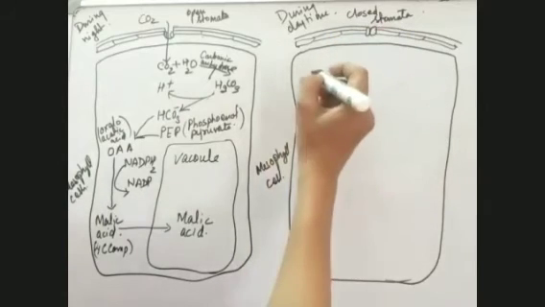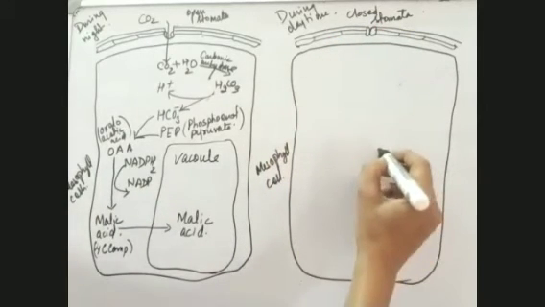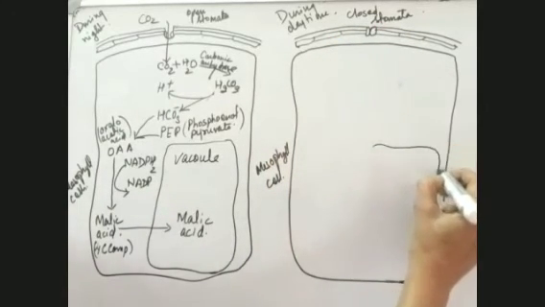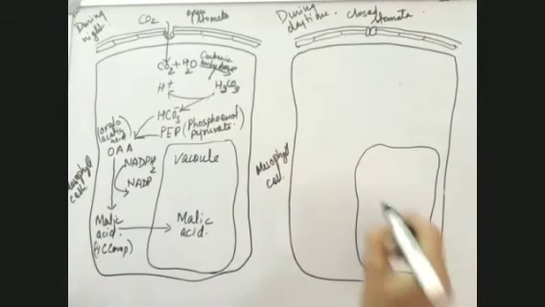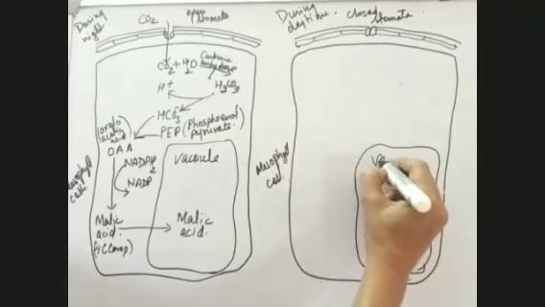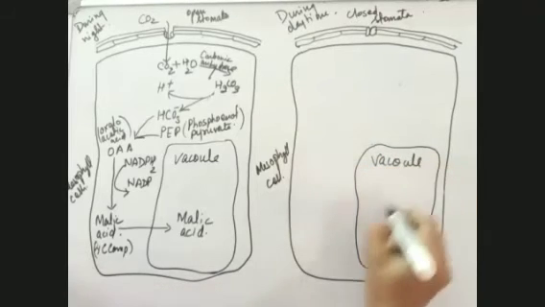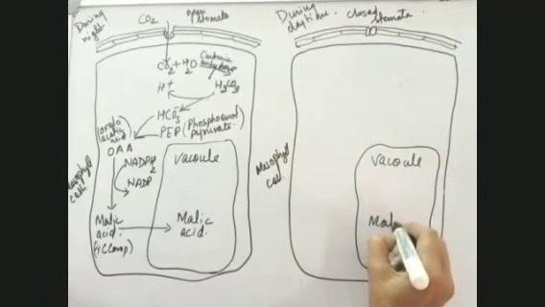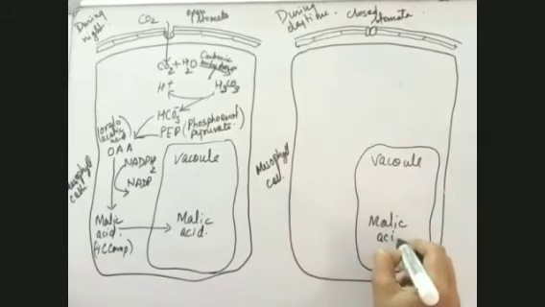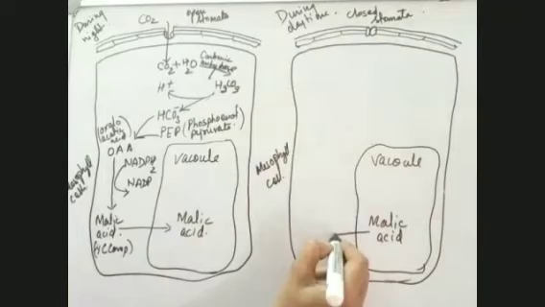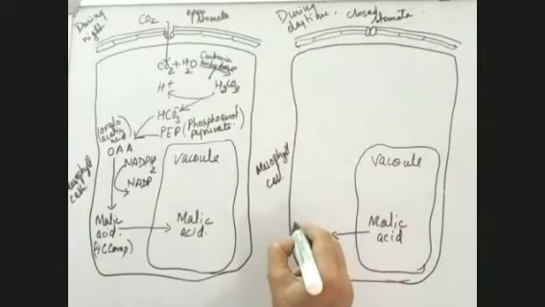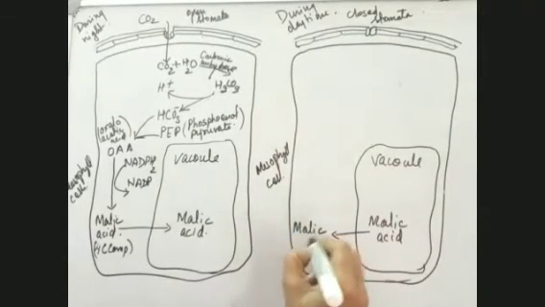During the daytime when the stomata are closed, here we have the vacuole, and this vacuole has malic acid in it. Now this malic acid, during the daytime when the stomata are closed, diffuses out of the vacuole.